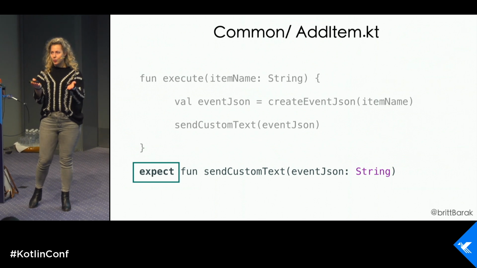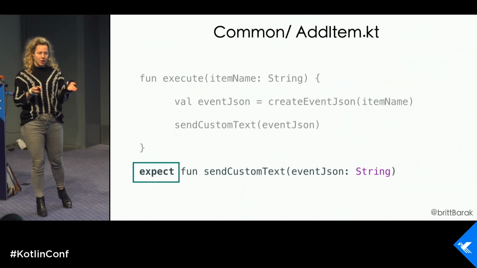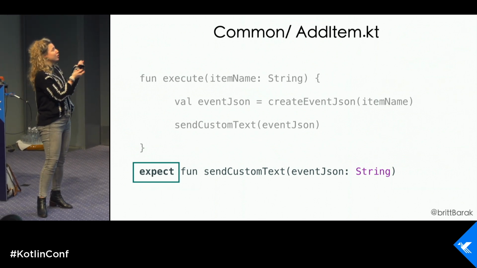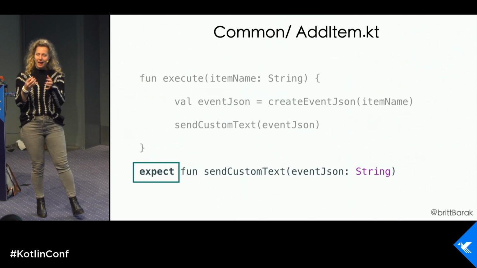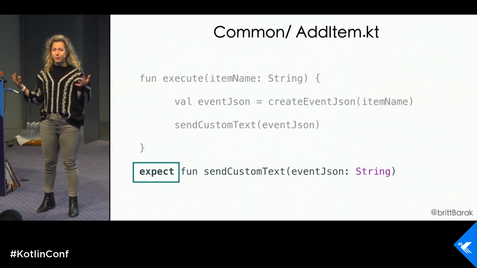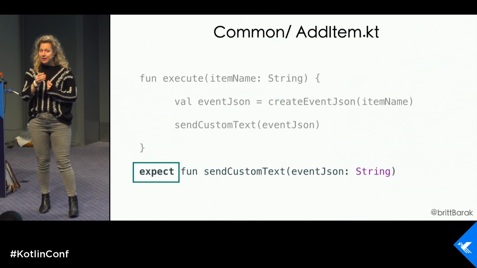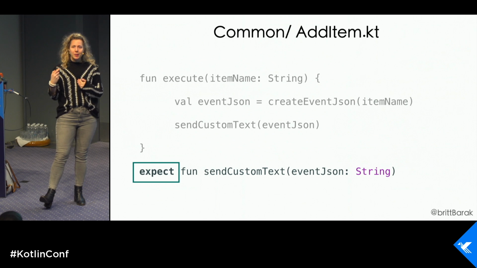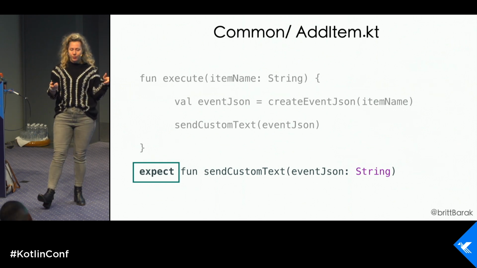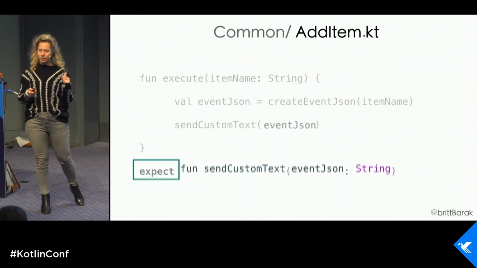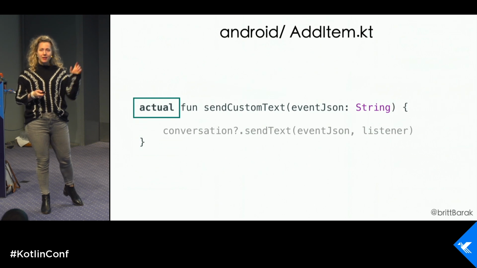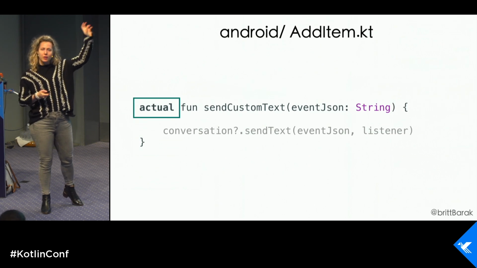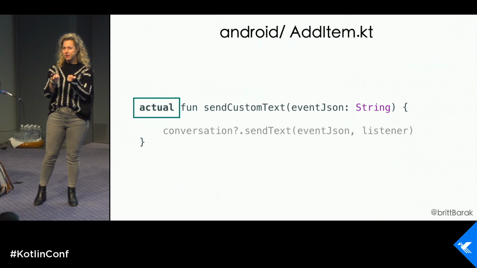Now, what is this send custom text method? This is something that each platform would need to decide. So what I can do in my common model is to say, hey, I'm the common model, expect that each platform, each different target would know and would implement this method, the send custom text method. And then in the Android part, I would need to open the same file. This is an important piece.